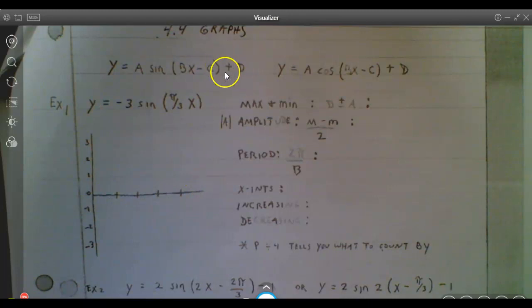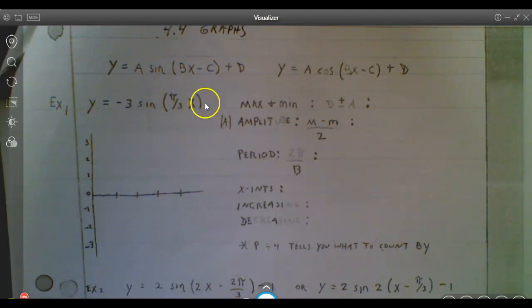Well, if you move the graph up or down, that's this guy, well, the midline would also move up or down, right? And so if I look at the midline of the graph, from there, I will see my amplitude and how it's affecting my maximum and my minimum from the midline of the graph or from the center line of the graph. So let's do that with this one.